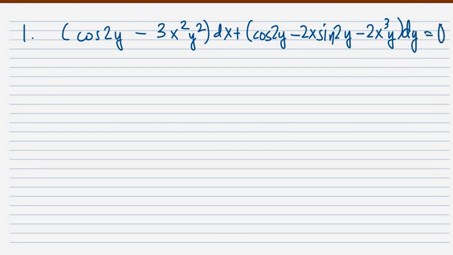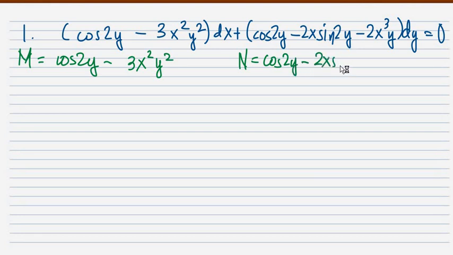So we have here our M, which is cosine 2y minus 3x squared y squared, and then our N, which is cosine 2y minus 2x sine 2y minus 2x cubed y.